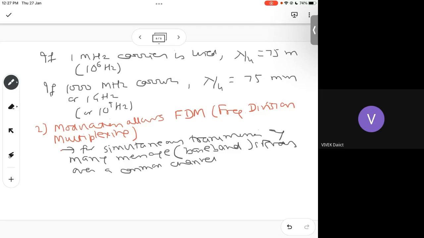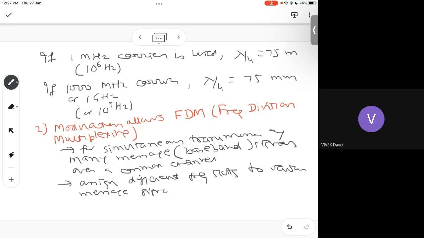Otherwise, they will interfere with one another. So I assign a different frequency slot to them. We assign different frequency slots to various message signals.